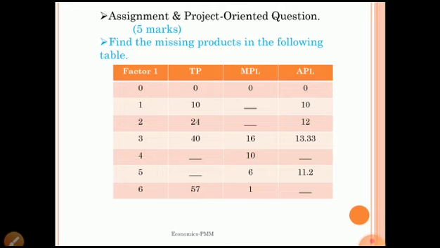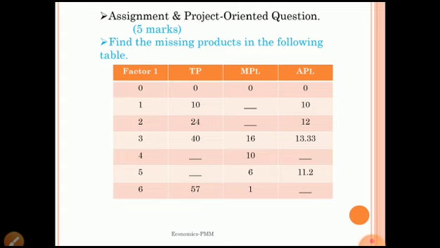Factor 1 is nothing but your labor, the variable factor, and the second column tells TP, the third one tells MP, and the fourth one is AP. They have given certain imaginary values, where we need to calculate all these 3 concepts. Now this is the question in front of you.